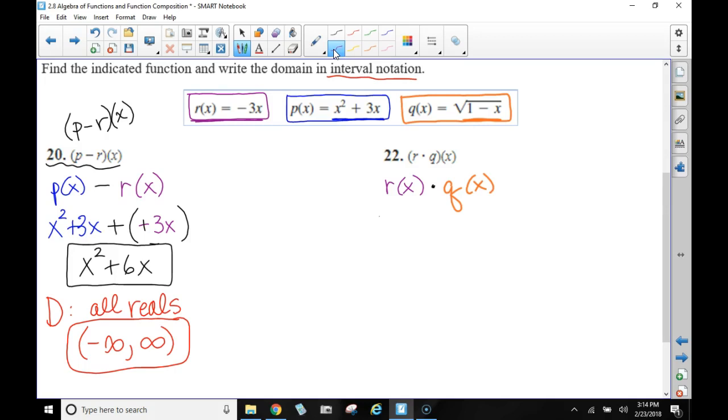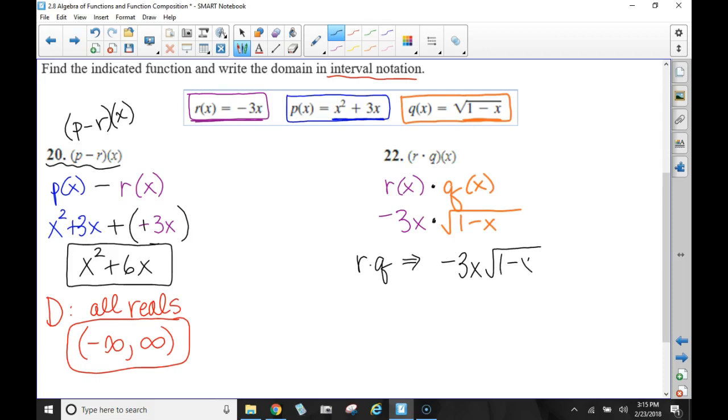R of x is -3x, and we are going to multiply that by Q of x, which is equal to the square root of 1 minus x. Now, when we multiply that together, the best we can do to simplify that for R times Q, the new function, is we will say that's just going to be -3x times the square root of 1 minus x, right?